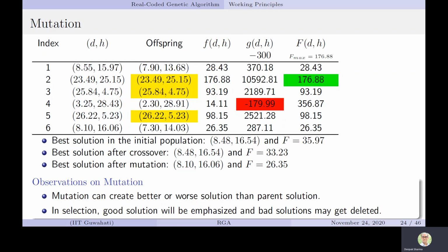If the random number is smaller than the probability of crossover or mutation, we are going to perform it. Then another random number will help us to calculate the beta or delta value. So in crossover and mutation, we don't need to calculate the function value, the constraint, and the fitness. Here I'm showing it just for representation purposes, so that you can understand that crossover and mutation can even generate a better solution than the parent solution.